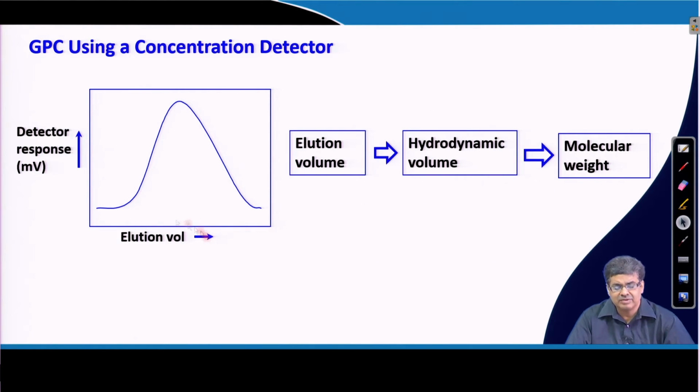Now we need to convert the elution volume to molecular weight. We know that elution volume is related to hydrodynamic volume, which is related to molecular weight, but they are related, not exactly proportional.